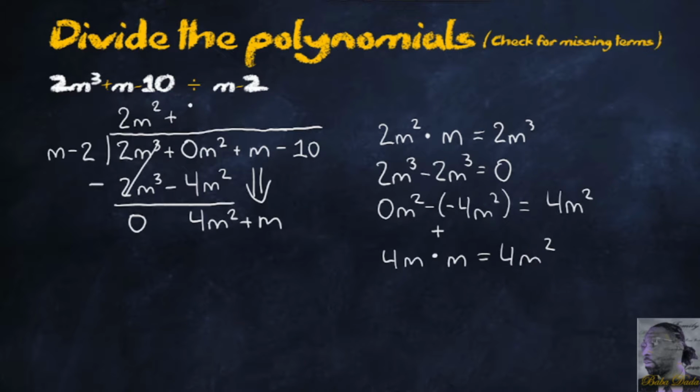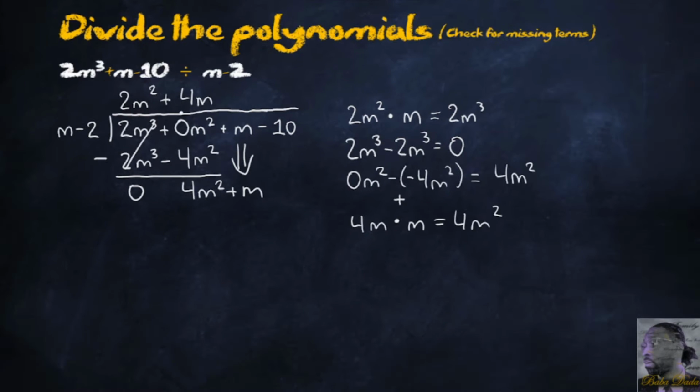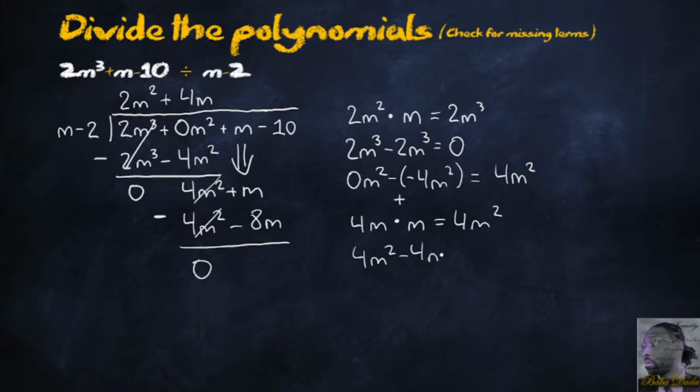So 4m, we're going to multiply it by m, and we're going to multiply it by -2. 4m times m is 4m squared. And then 4m times -2 is -8m. And then we can do our subtraction. 4m squared minus 4m squared is 0. So I'm going to write that over here. 4m squared minus 4m squared is 0.